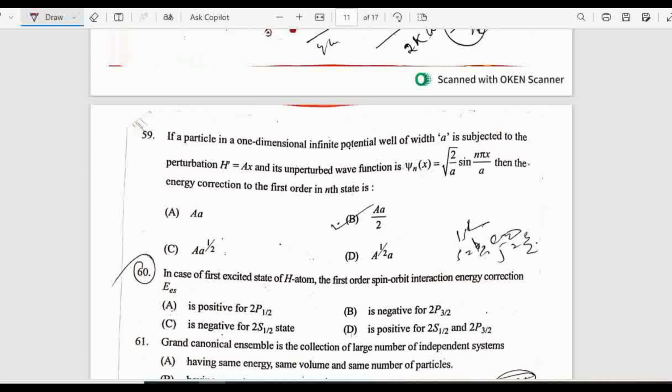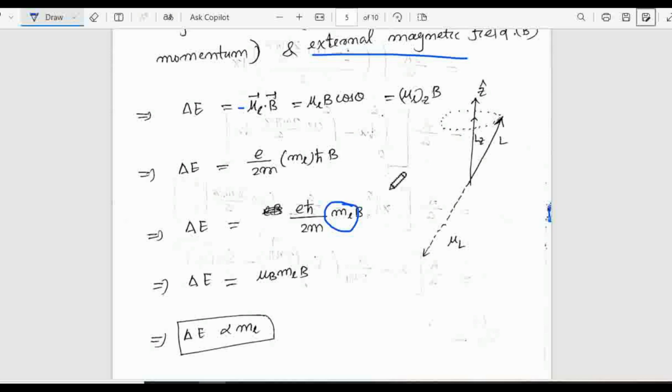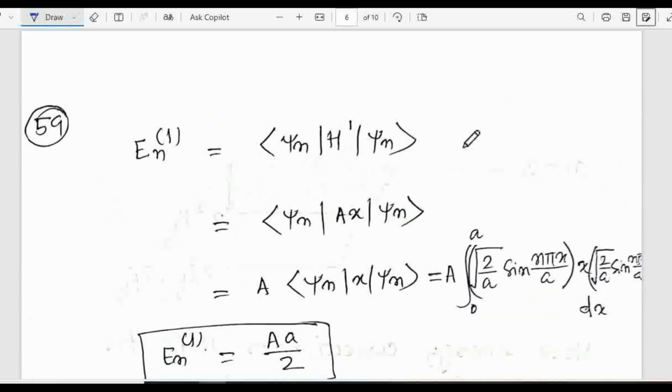You see this is the perturbation, and this is the unperturbed wave function. We just apply the perturbation energy formula for the nth state.